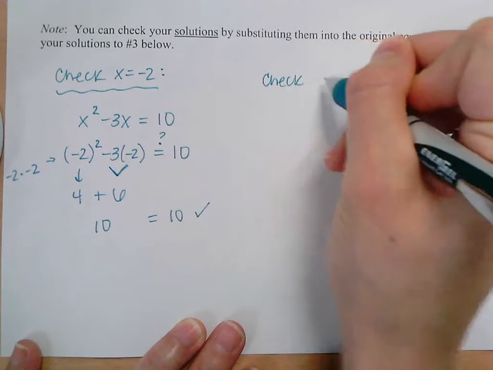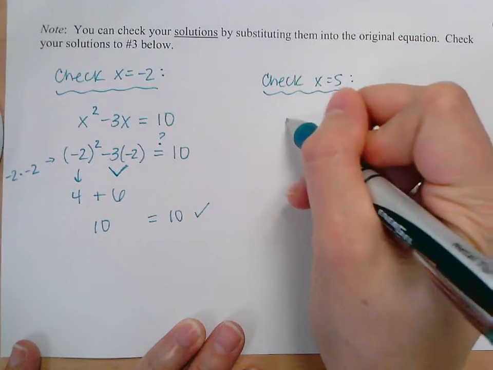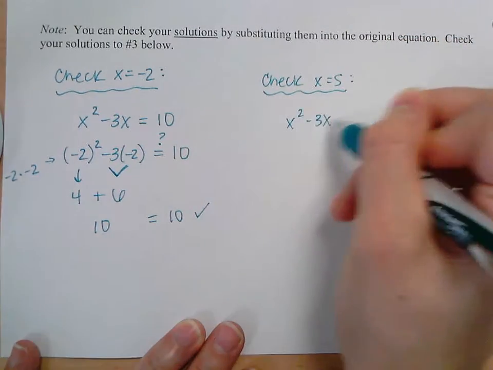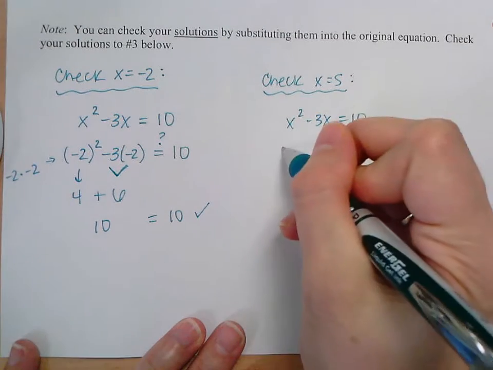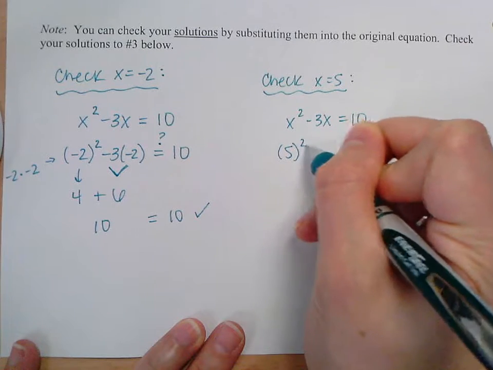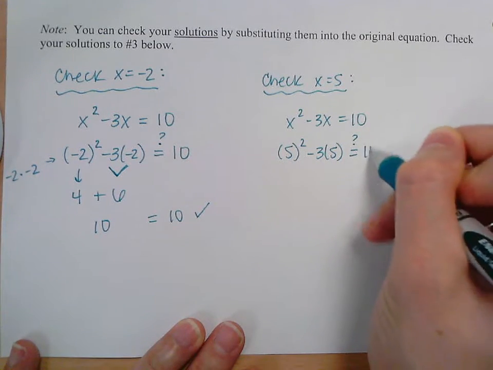So then I would also check my other answer was 5. So again, start out with x squared minus 3x equals 10, and now replace the x's with 5's. So I'd have 5 squared minus 3 times 5. Does that equal 10?